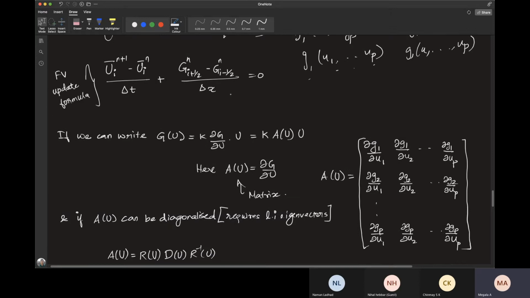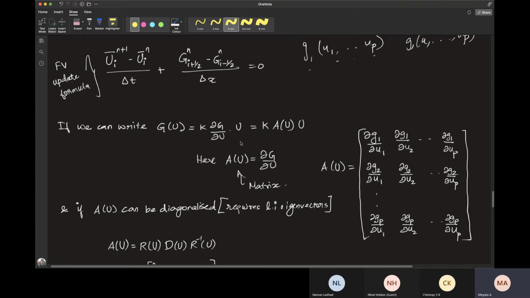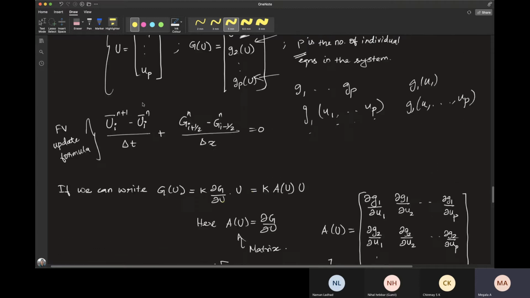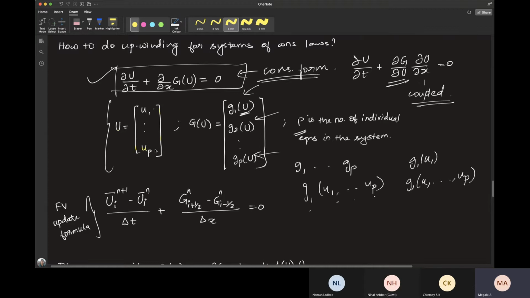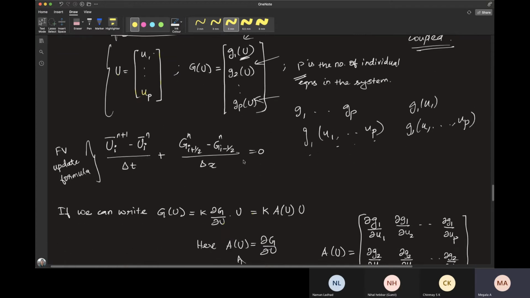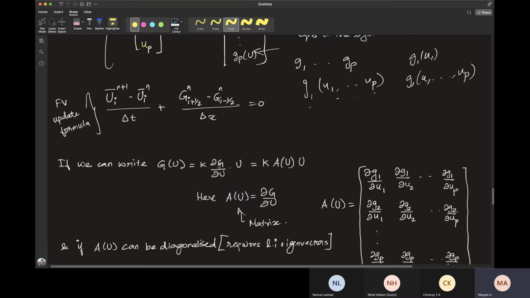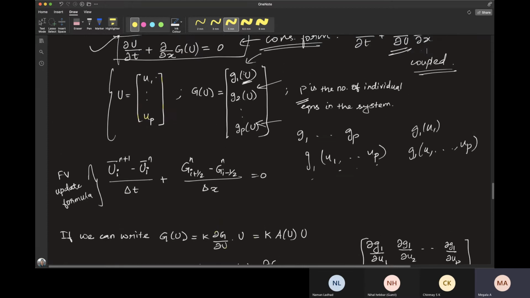Suppose here again the same arguments hold. If we can write g of u as dou g by dou u into u, dou g by dou u here is a matrix. U is a vector consisting of p elements, and g is a vector consisting of p elements. So when you write dou g by dou u, you are differentiating each of these elements by all of these.